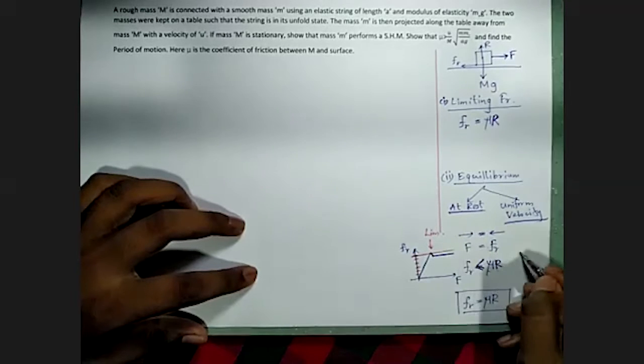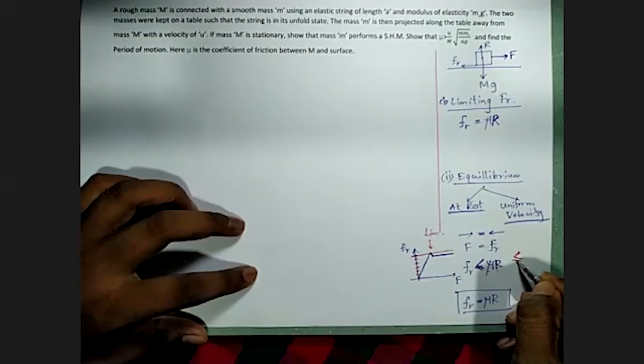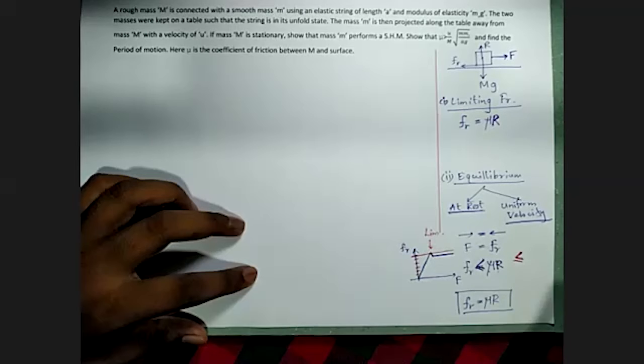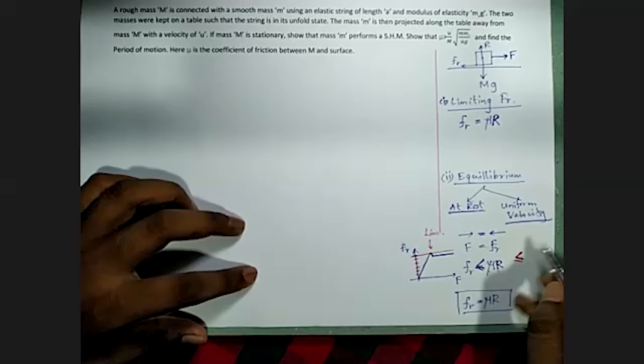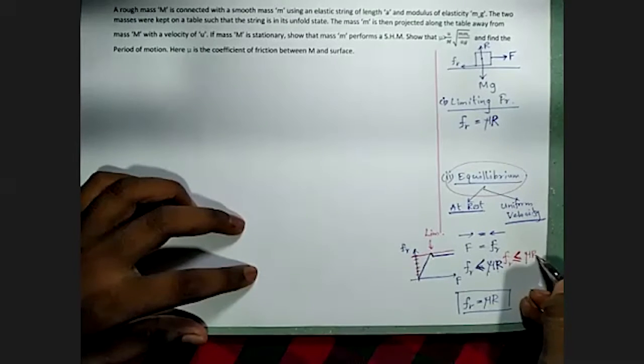Therefore, we have to use this inequality. Sometimes it can be equal, but in most cases it is less. Therefore, when the object is in equilibrium, you have to use the inequality for the calculation. If it is in limiting friction, you have to use the equation. So keep those two things in mind.